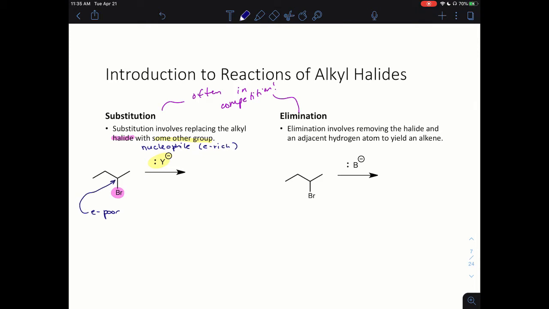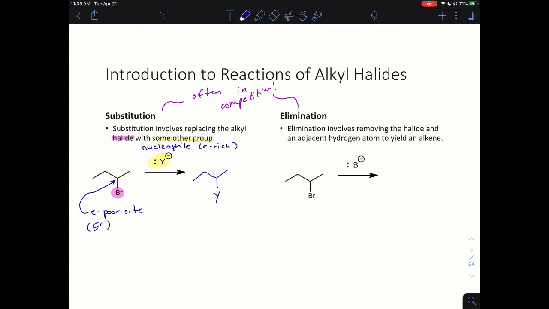So this carbon is electron poor, and so we're going to have the alkyl halide react as an electrophile. Okay. And I'm not going to draw a mechanism here because there are actually two different mechanisms by which this reaction can proceed. And that's the topic of this week.